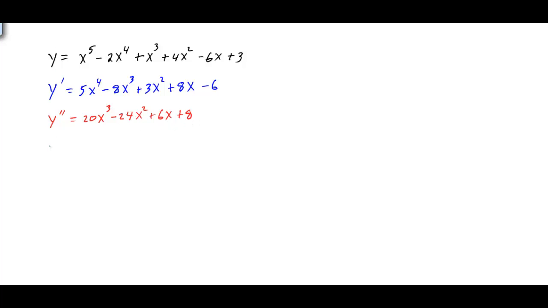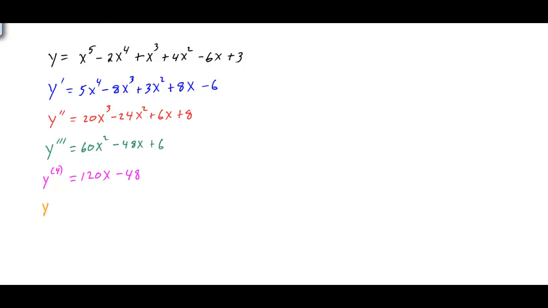And if we went even further, we could find the third derivative. If we take the third derivative, we would have 60x squared minus 48x plus 6. And if we wanted to go even further, we could find the fourth derivative, which would be 120x minus 48.